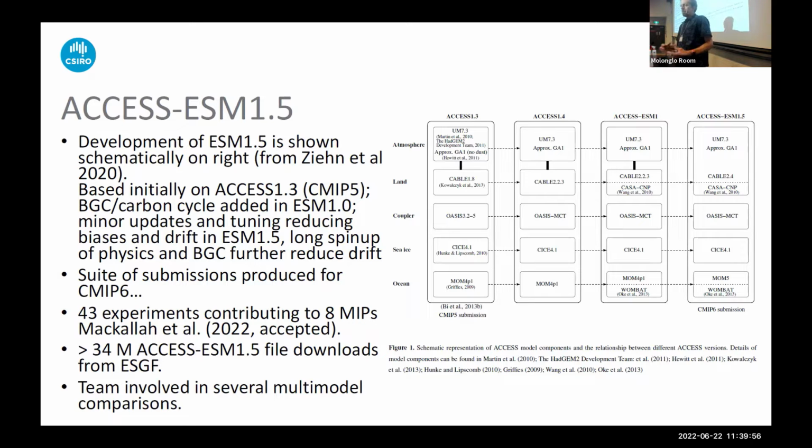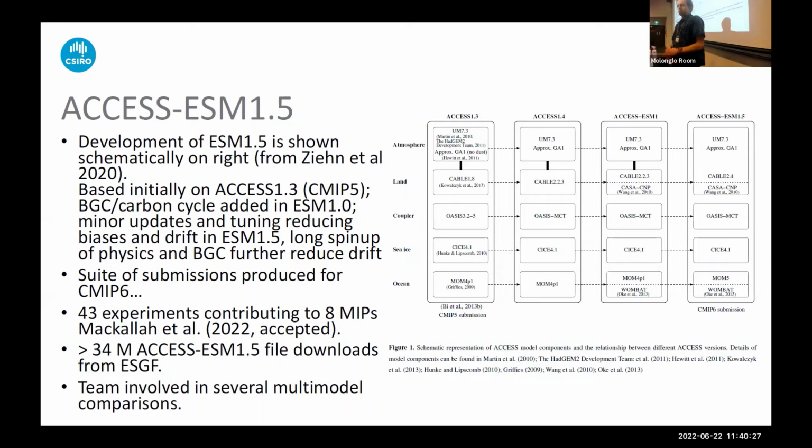In particular, there's a lot of use in the community of the carbon cycle that's attached to the biogeochemistry. ESM 1 ran a series of CMIP5 version experiments, though they weren't submitted to that, but they were still analysed and published. And the learnings from ESM 1 then went into ESM 1.5, reducing the biases and the drifts, particularly in the biogeochemical system.